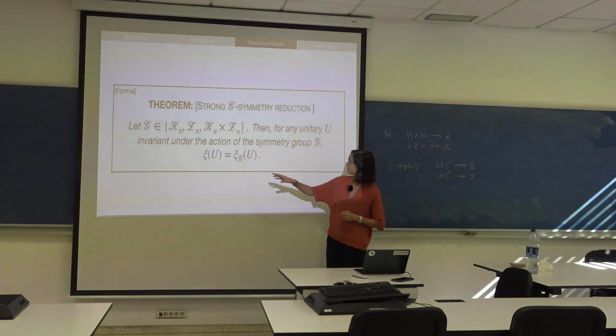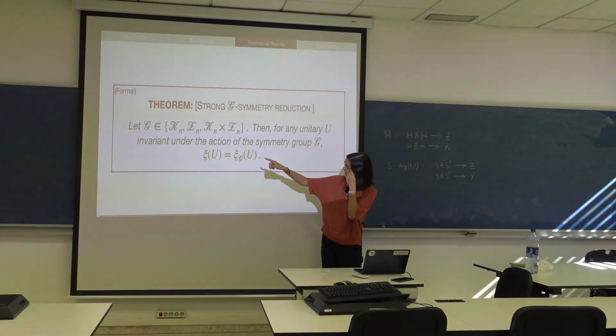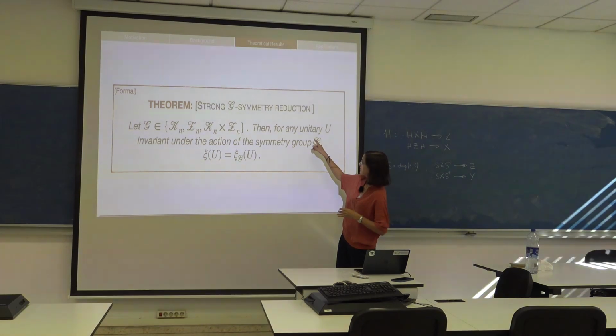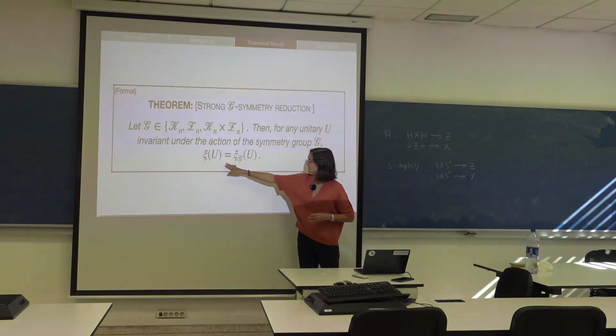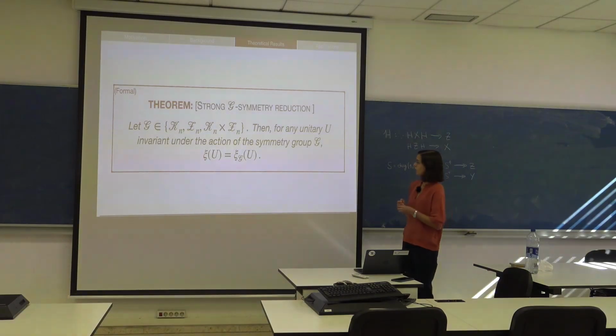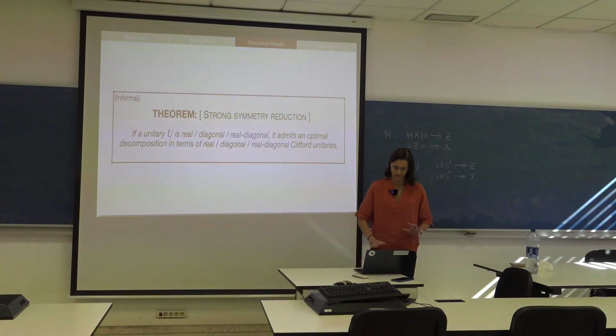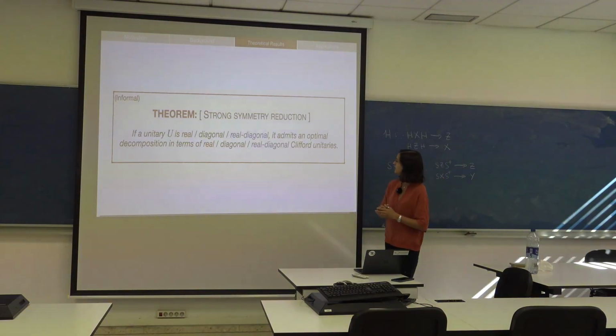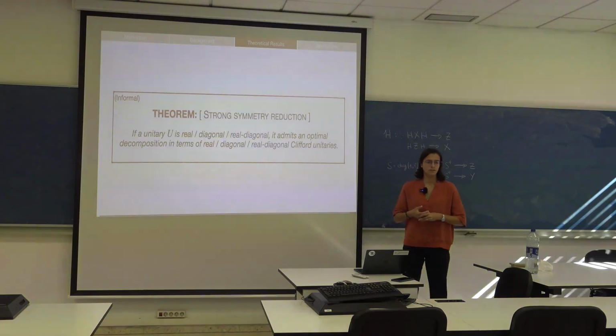If we have these 3 symmetry groups, the group generated by complex conjugation, the diagonal Paulis, and the composition of the two, then for any unitary that is invariant under the action of this symmetry group G, we can prove that the stabilizer extent equals the G-symmetric stabilizer extent. So what is this telling you informally? Very simple. If we have a unitary that is real, or diagonal, or real diagonal, it admits an optimal decomposition in terms of just the real, the diagonal, or the real diagonal Cliffords. So this is the informal statement.